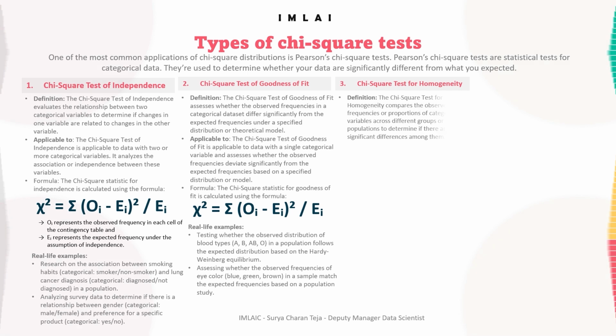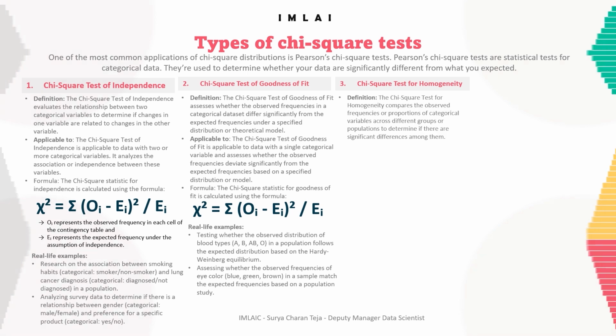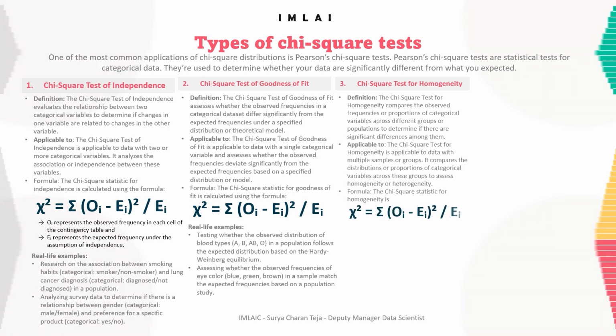It is applicable to data with multiple samples or groups. It compares the distribution or proportions of categorical variables across these groups to assess homogeneity or heterogeneity. So the formula remains the same by and large.